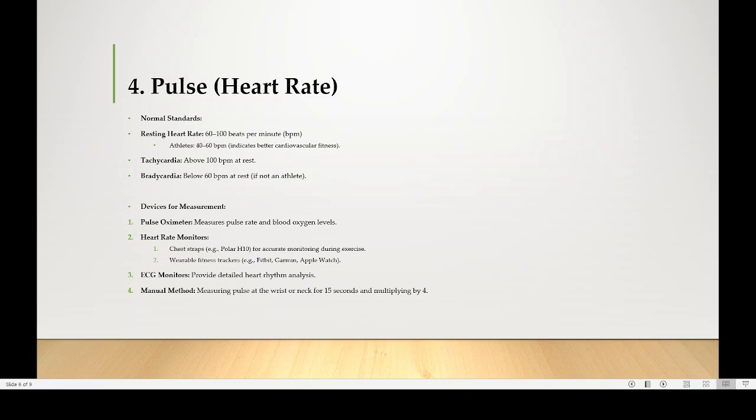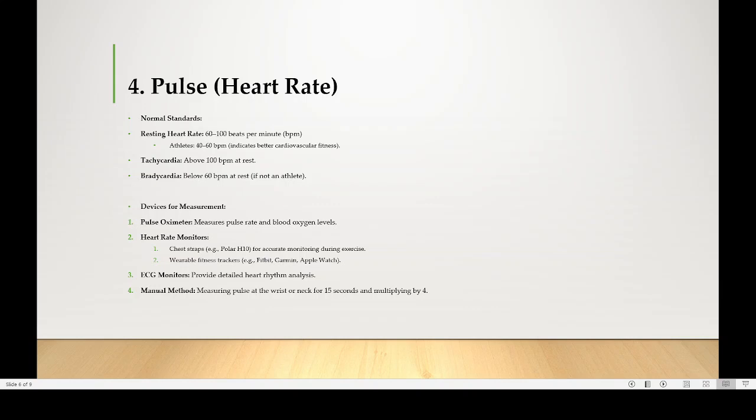Then pulse is there. Pulse, everybody has an idea. What do you mean by pulse? Normally we measure pulse by just touching your hand, the wrist. A normal resting heart rate is 60 to 100 beats per minute. The number of times the heart is beating or contracting is known as the heartbeat.